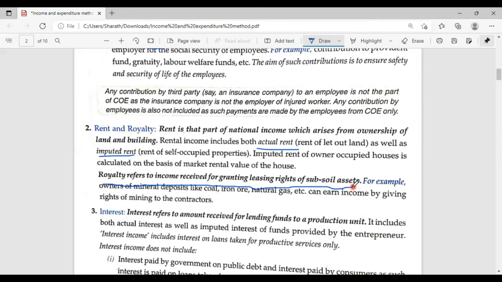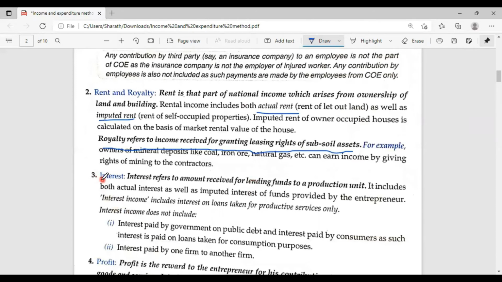We have another component called interest. Interest is a kind of income received when you are lending funds to the production unit. Try to understand: only that income could be considered part of national income when you are lending funds to the production unit.